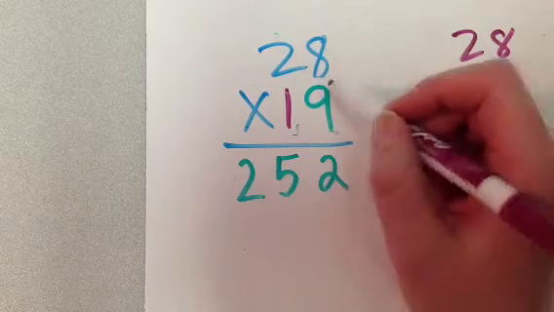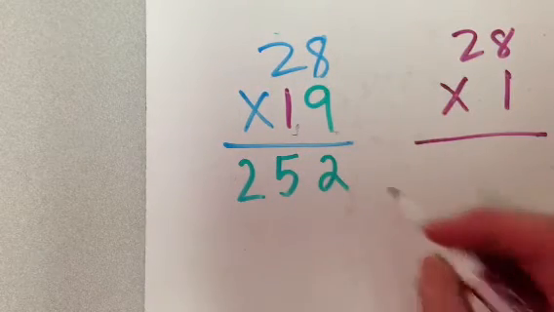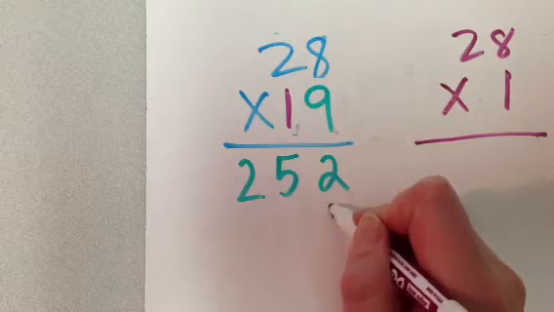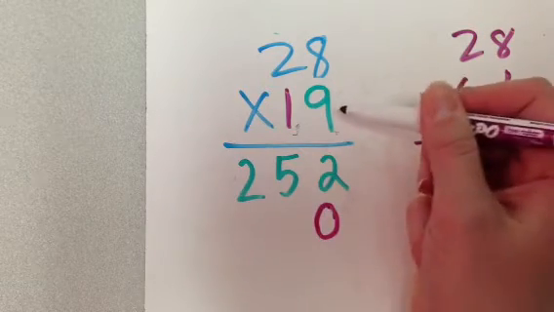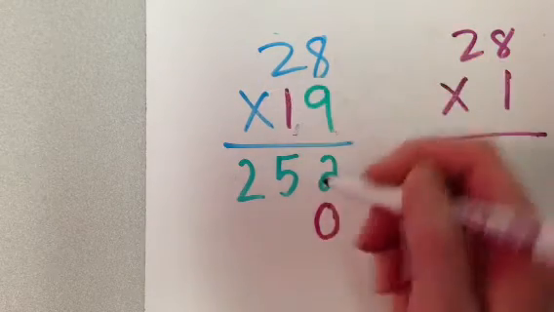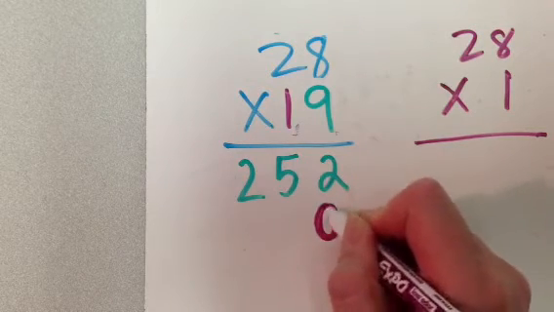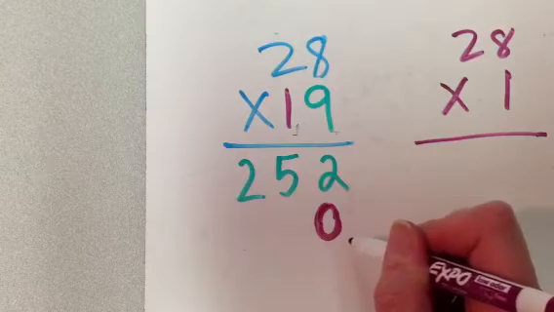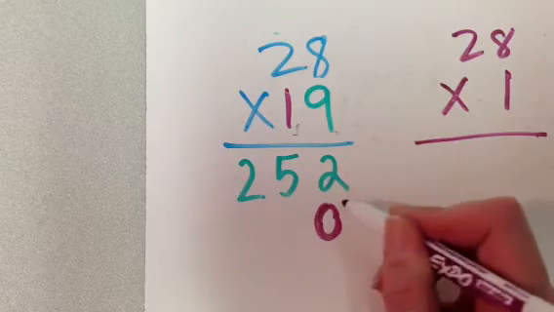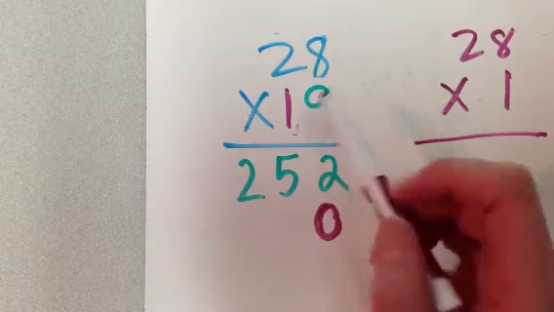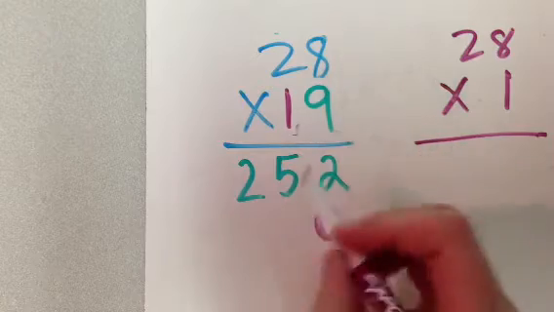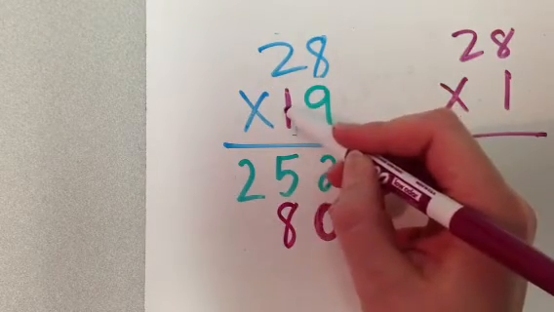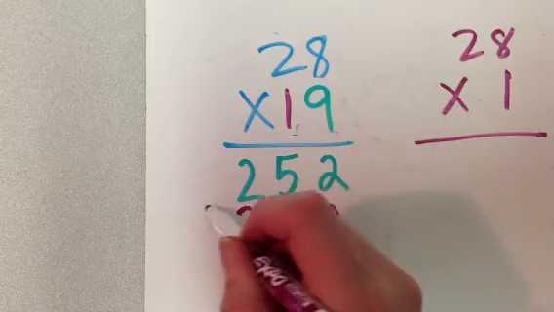But before I do that, I have one extra thing I have to do. Because I'm jumping over to the tens place, I have to put a placeholder in the ones place. Sometimes you might see it as an X, sometimes you might see it as a 0. I'll use a 0 in this case. And so now I can say 1 times 8 is 8, and then 1 times 2 is 2.